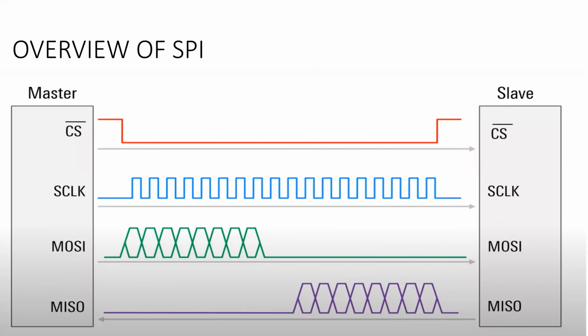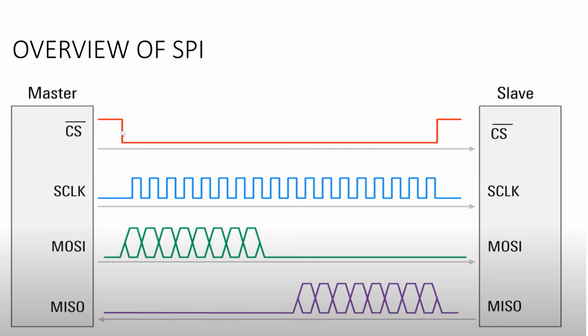This is how the data is transferred. As I have already told, the chip select is always at a high level. It always stays at 5 volts when it is not working.